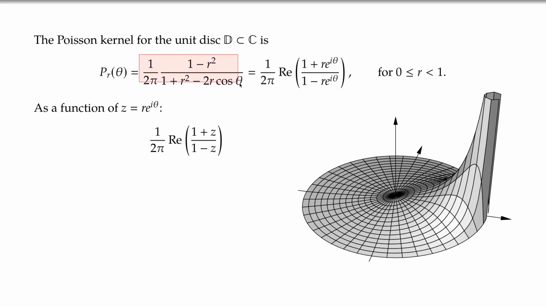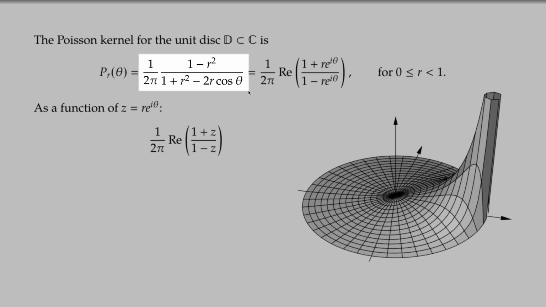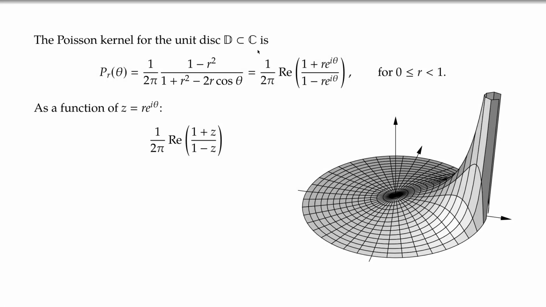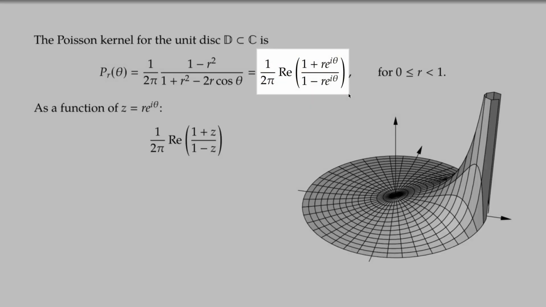So either this is a way of writing it in polar coordinates in terms of r and theta, and we can write it in terms of r e to the i theta, which means that if we think of it as a function of z, which is r e to the i theta, it's really just 1 over 2 pi, the real part of 1 plus z divided by 1 minus z. So that's really the Poisson kernel.